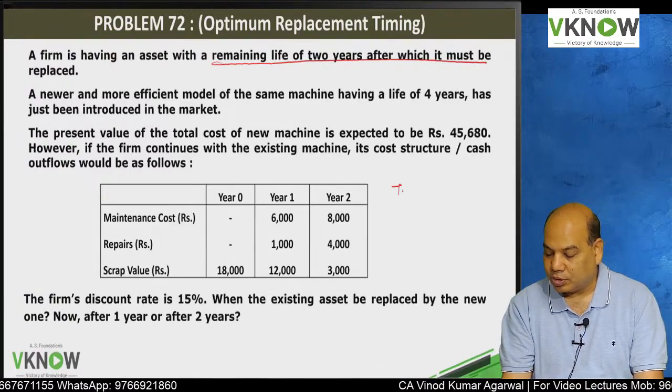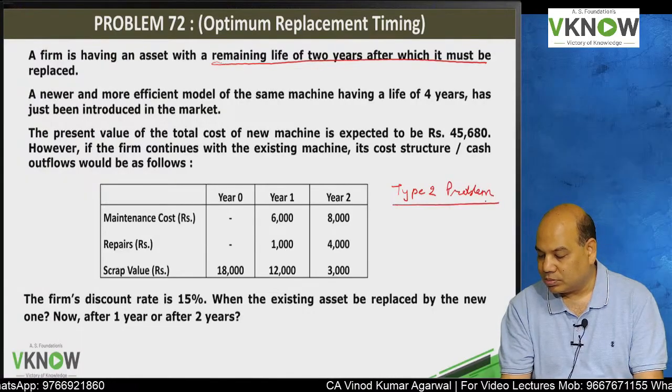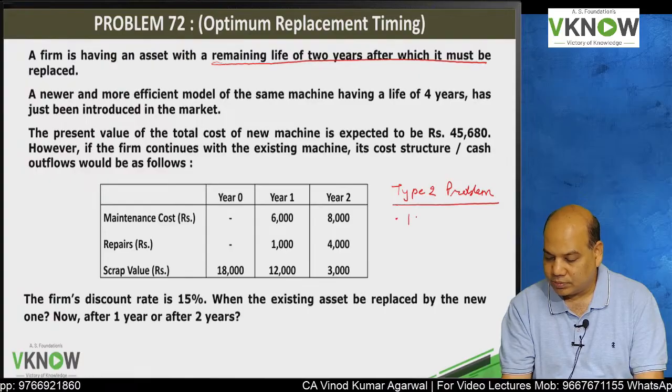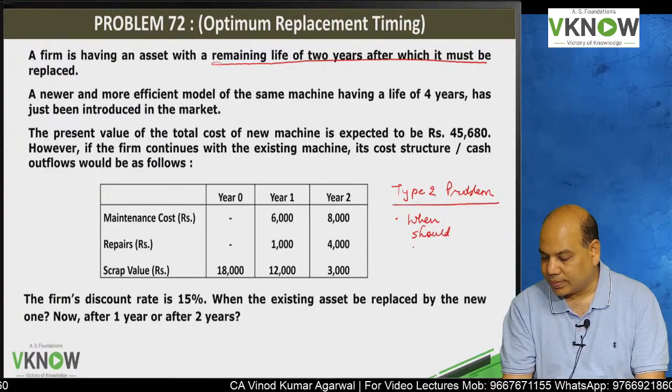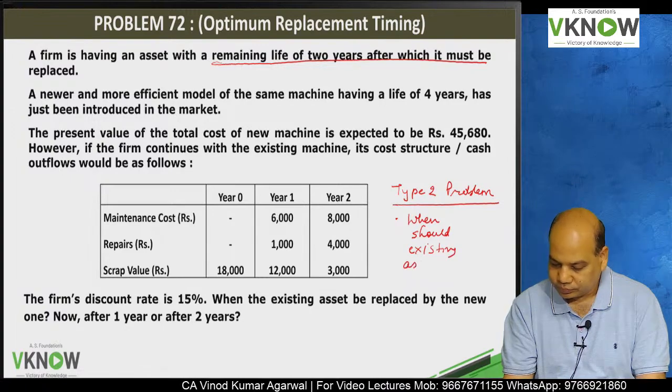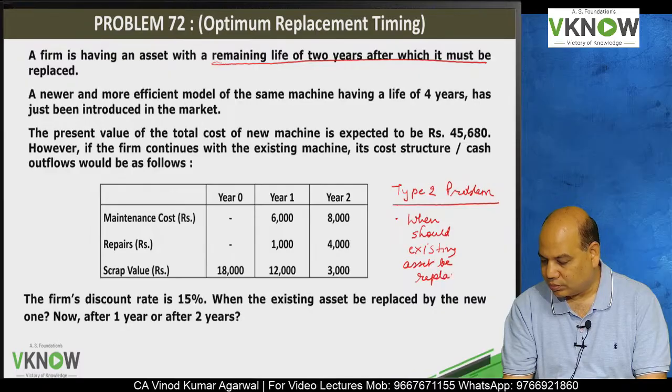This is a type 2 problem; the previous one was a type 1 problem. Type 2 problem is when should an existing asset be replaced by a new one.